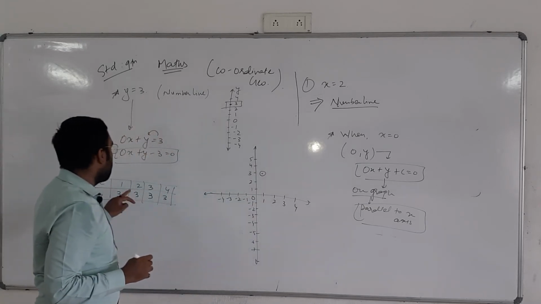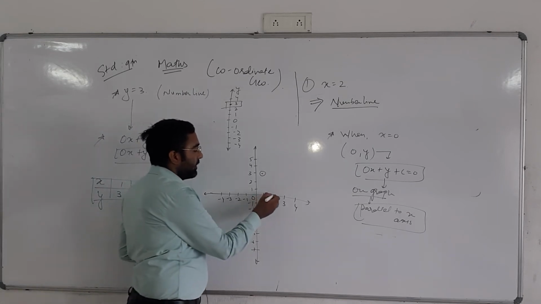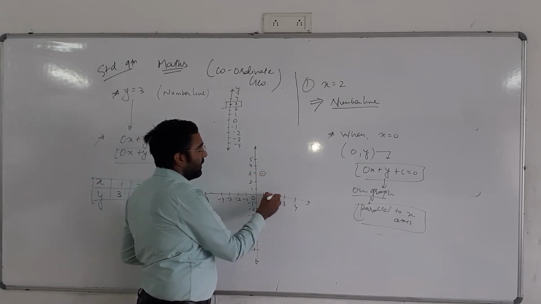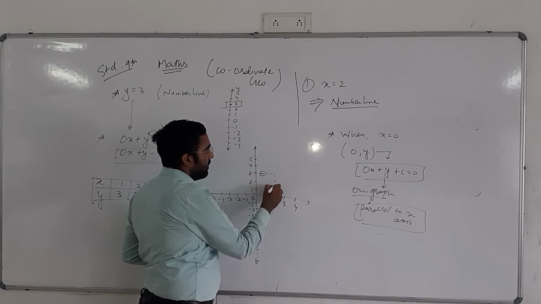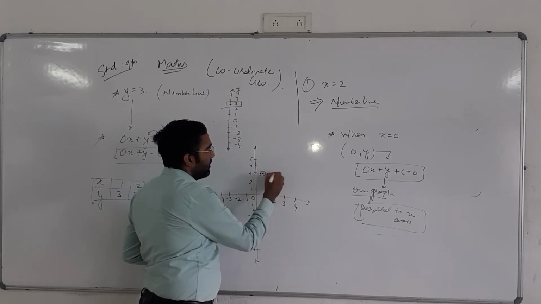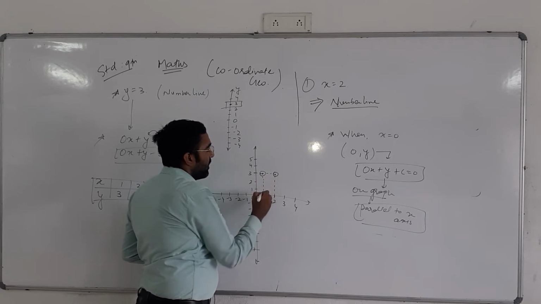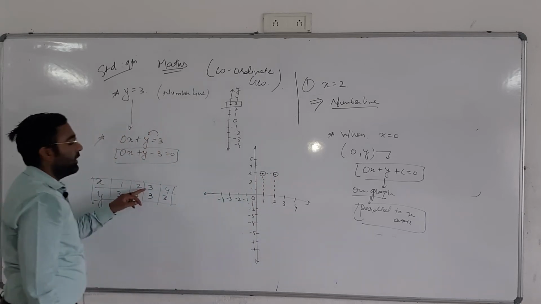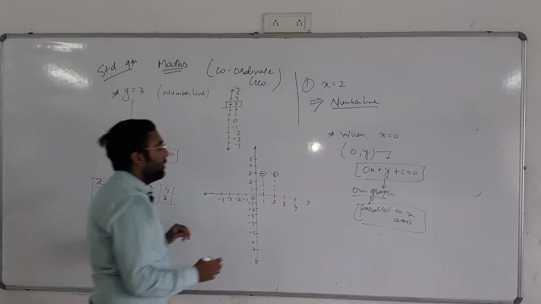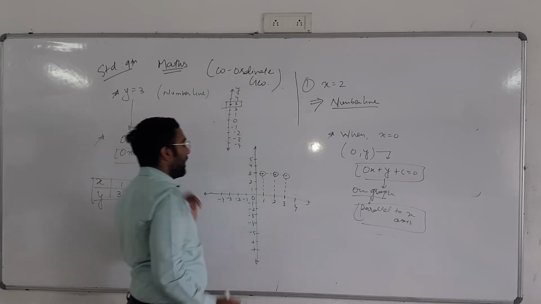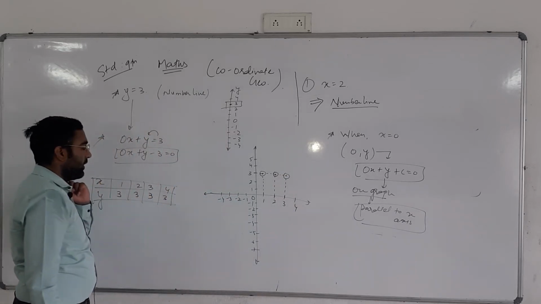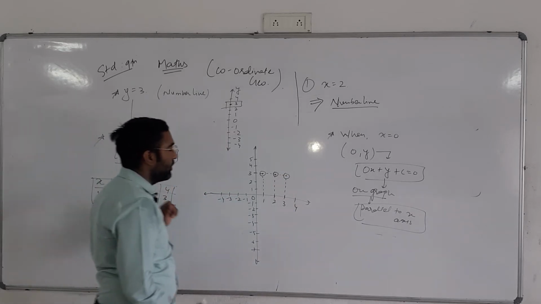Now x equal to 2, y equal to 3, therefore your point is here. Okay. Now I will put 3 comma 3, that is x equal to 3, y equal to 3, that is here, and when I take x equal to 4, therefore y is also 3.